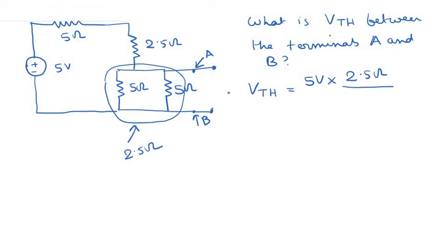What is the entire resistance of this part? We have 5 ohm plus 2.5 ohm over here plus 2.5 ohm, which comes from the parallel combination of these two resistors. So 10 ohm total. Divided by 10 ohm, this gives me 1.25 volts.